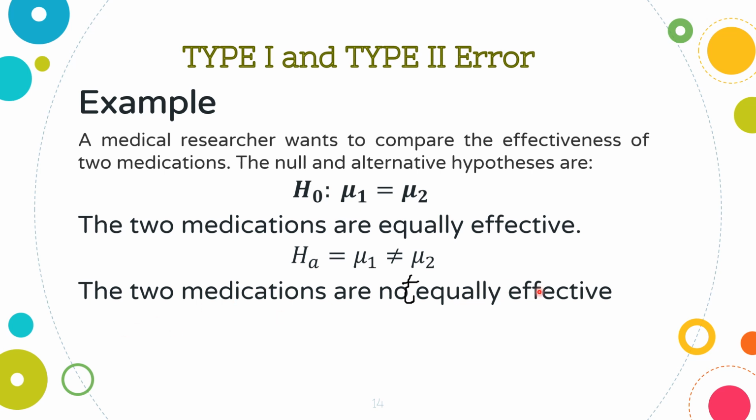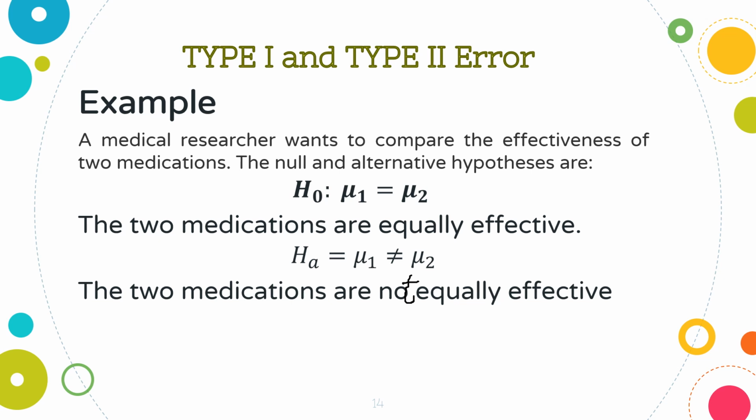As you can see, our alternative here is a non-directional test of hypothesis. Walang direction yung alternative natin, kaya two-tailed test siya. So, the two medications are not equally effective. Yun yung alternative natin. Kung mapapansin nyo dito, this is the symbol, not equal.